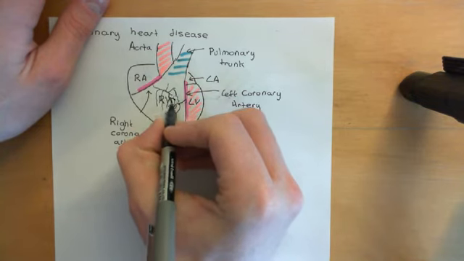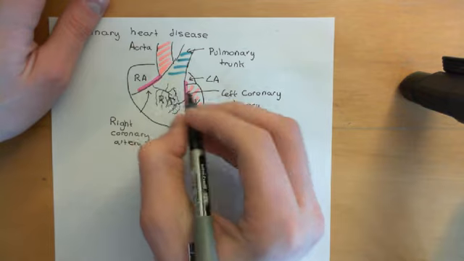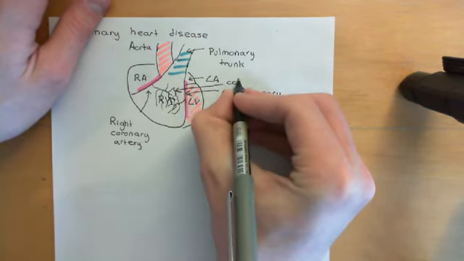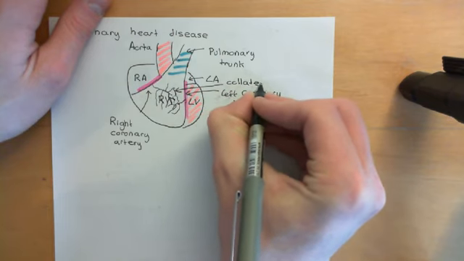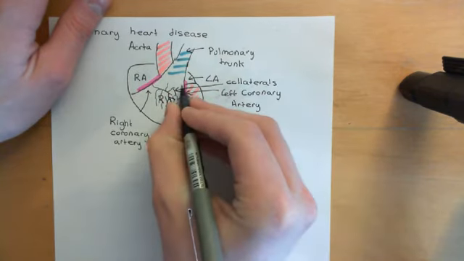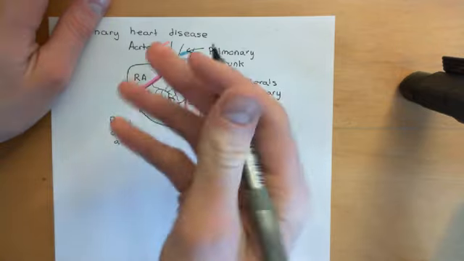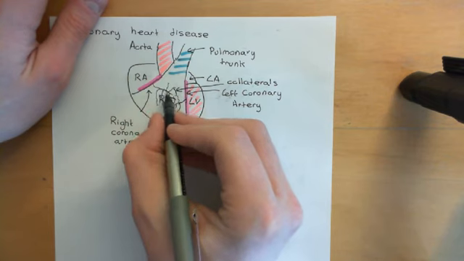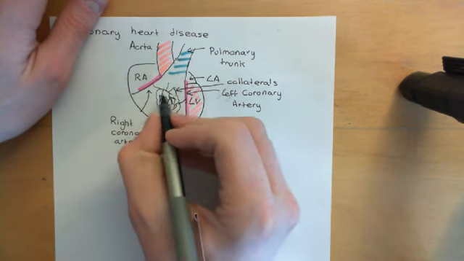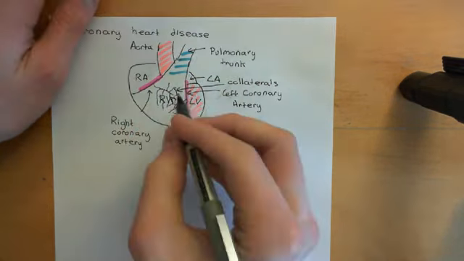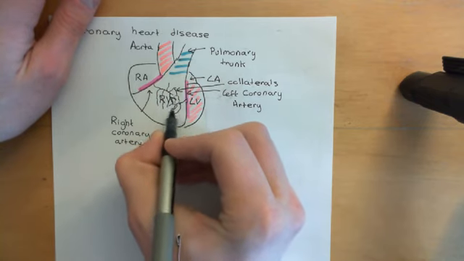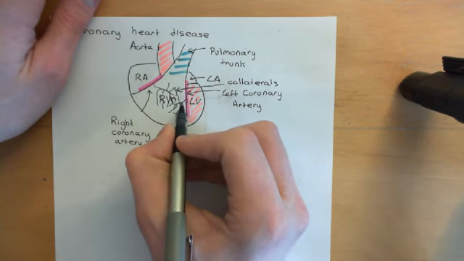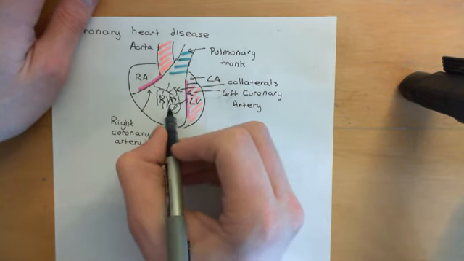And the idea now is that these little branches that we're forming here, these are called collaterals, basically, and they mean that now if your left coronary artery suddenly does become blocked by an atherosclerotic plaque, okay, then you're going to be getting blood from the right coronary artery coming through here, okay, and that will protect the heart, because it means that now these areas which were previously just receiving blood from the left coronary artery, now they can also receive blood from the right coronary artery.